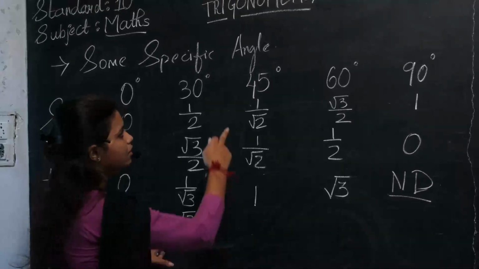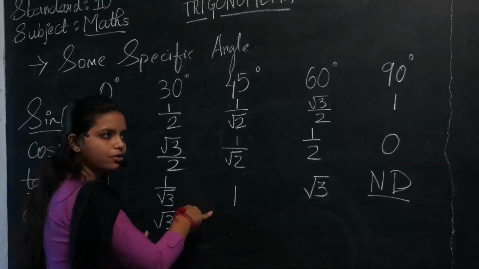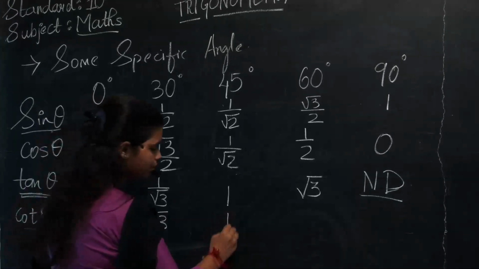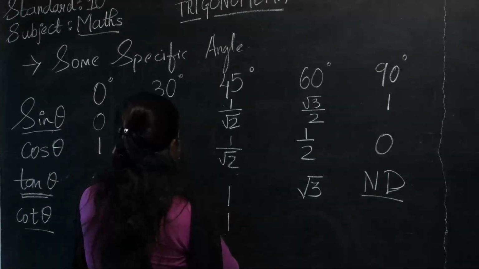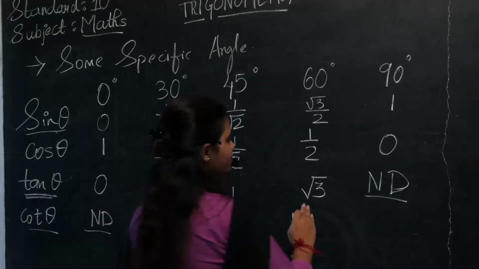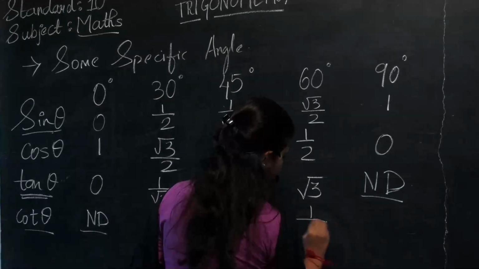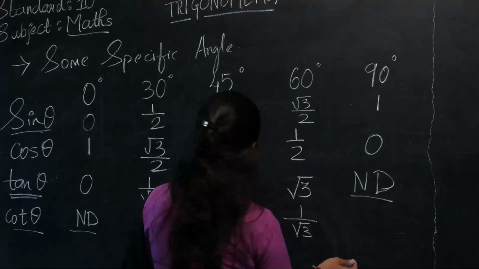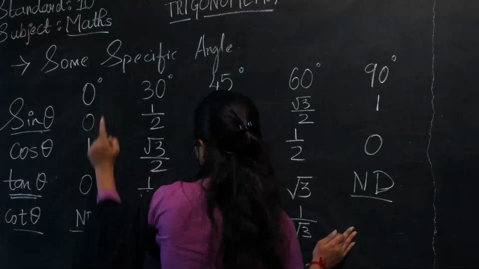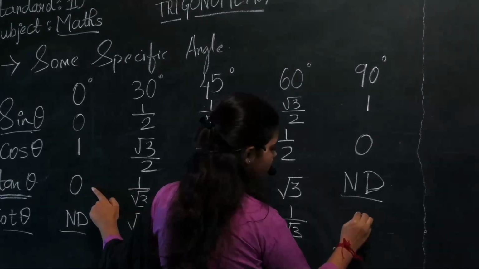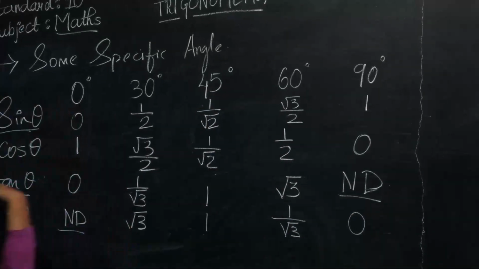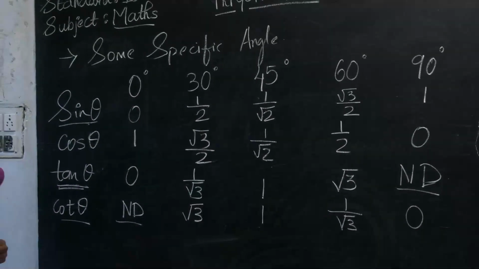Root 3. Tan 45 is equal to cot 45. What will be the answer? 1. Tan 30 is equal to cot 60. What will be the answer? 1 upon root 3. And the last, tan 0 degree is equal to cot 90 degrees, which is 0. Clear till here? Okay. Now comes cosec.